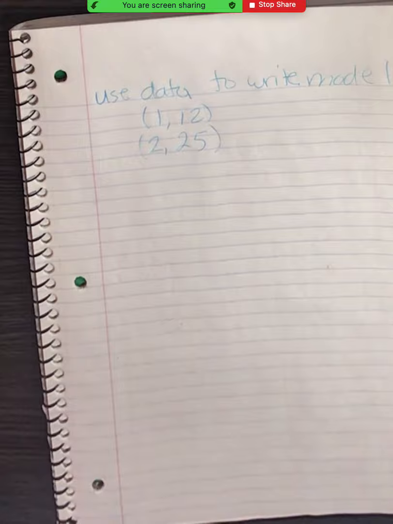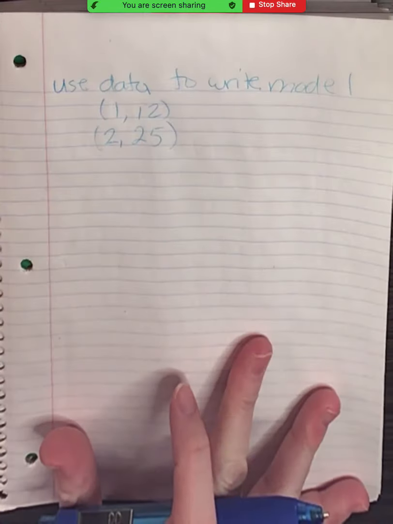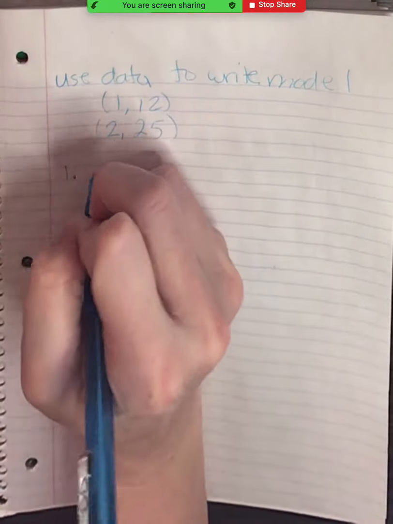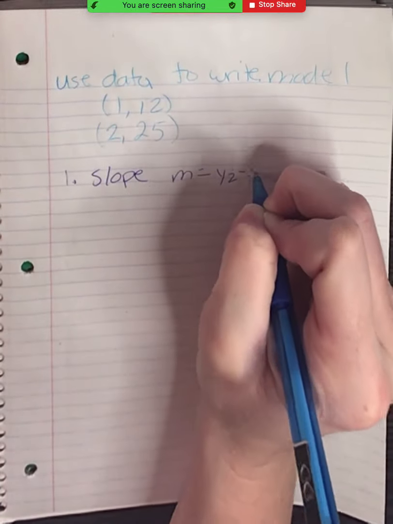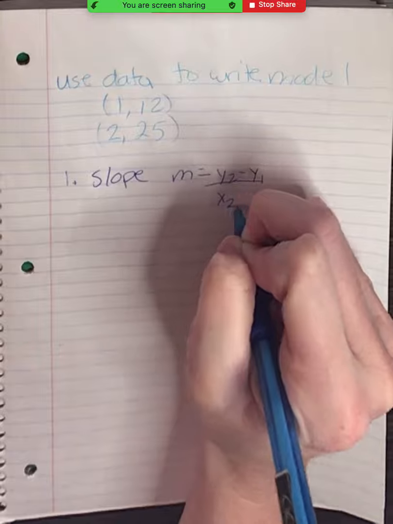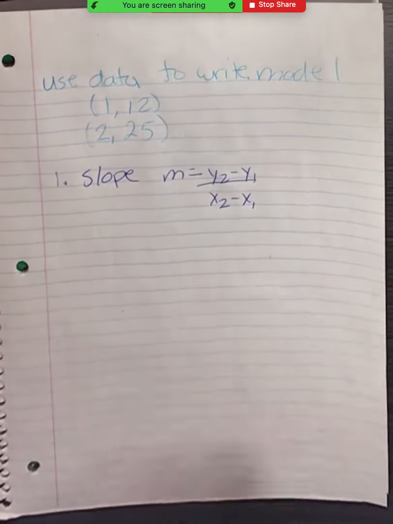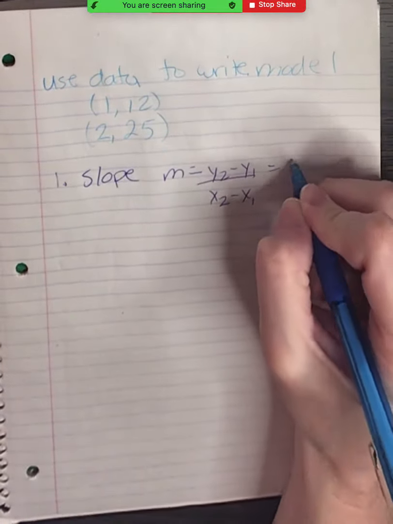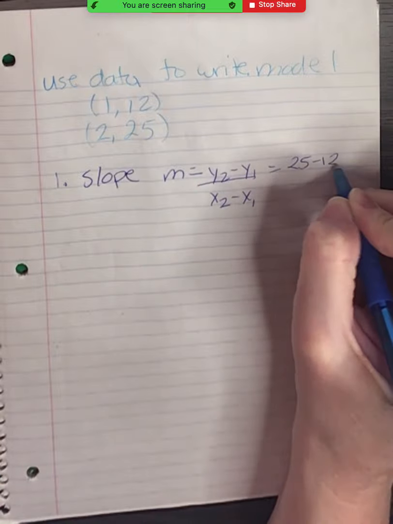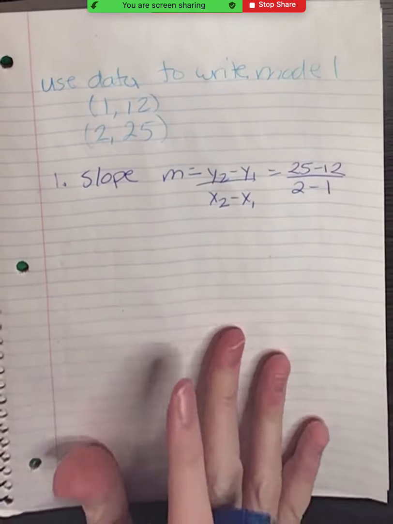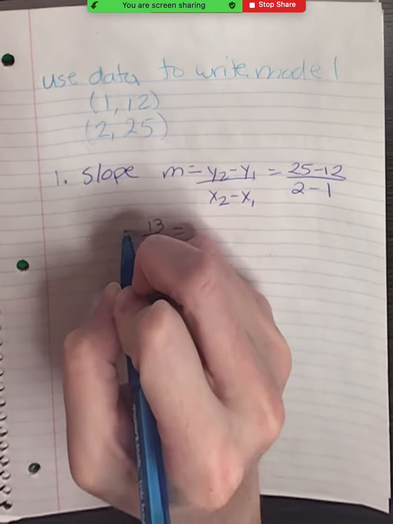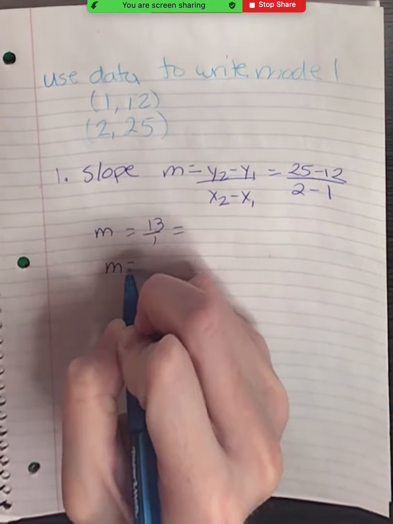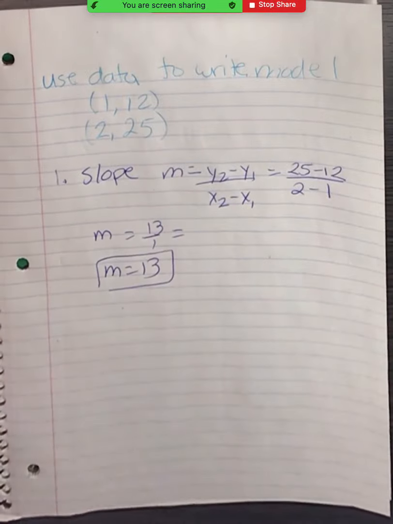So from there, you know to write the equation of a line, you're going to find the slope. And slope is change in y over change in x. So it's going to be 25 minus 12 over 2 minus 1. That would be 13 over 1. So your slope is 13.